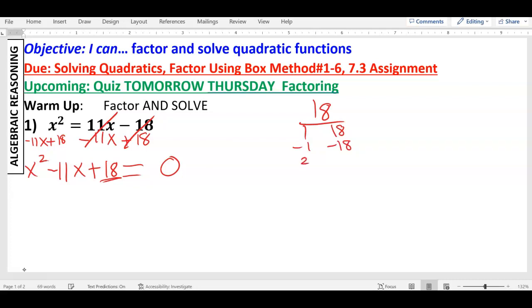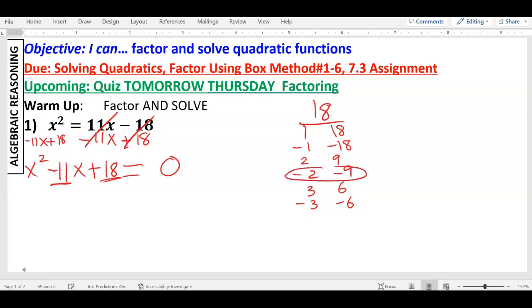And then 2 times what? 2 times 9, negative 2 times negative 9. What about 3? 3 times 6, negative 3, negative 6, and I think that's it. Which one of those possible factor pairs gives me the middle term, negative 11?